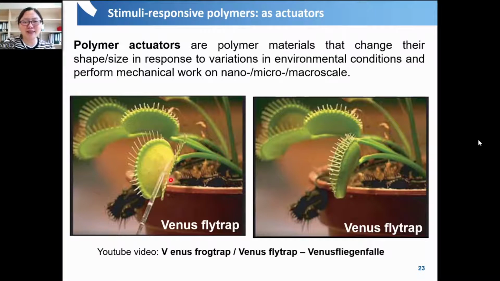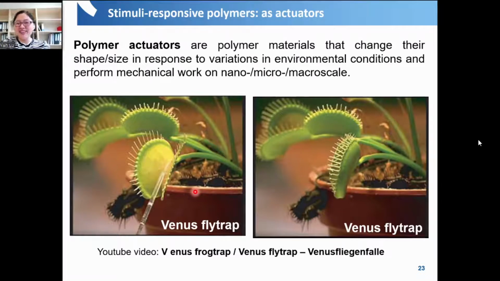I wasn't sure what the right name for it is, so I checked on the internet, and I found it is called Venus flytrap.